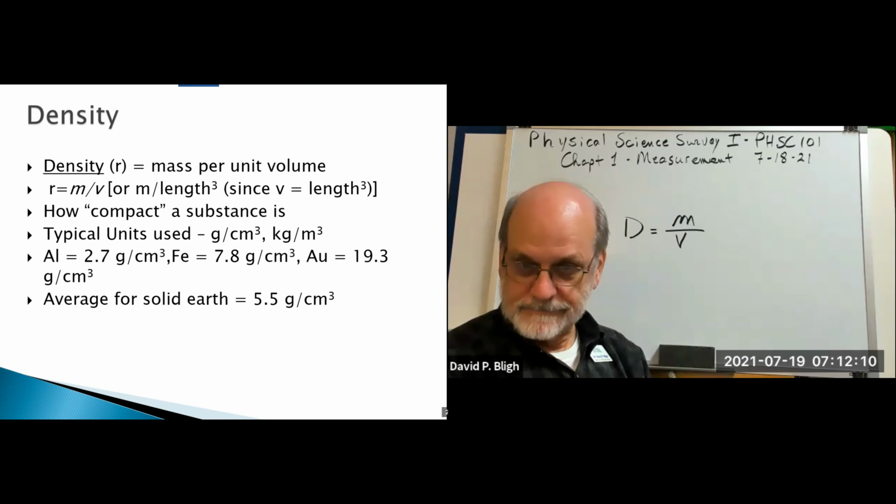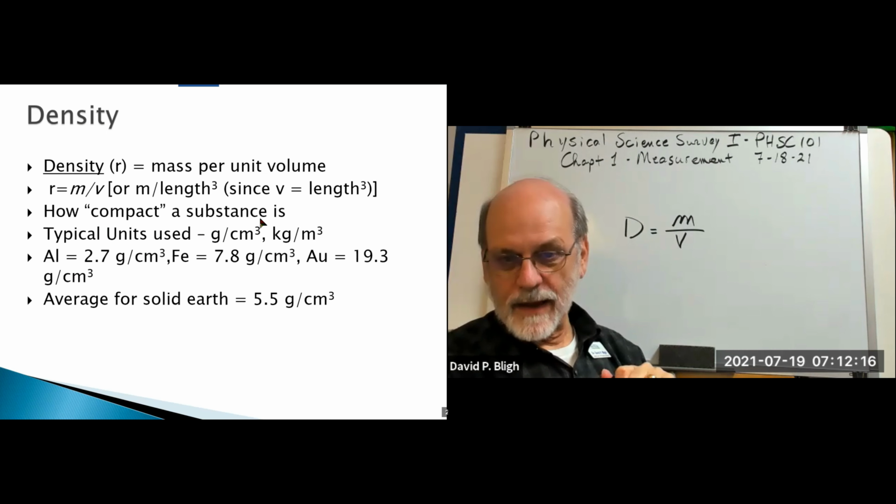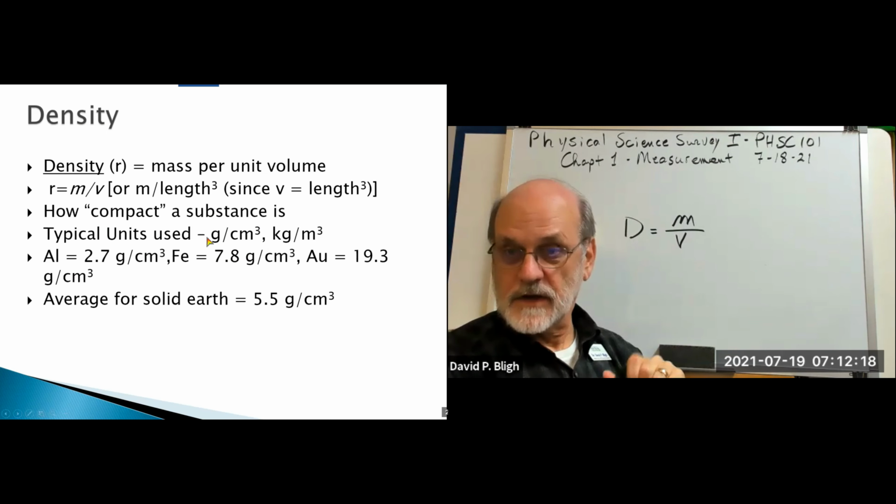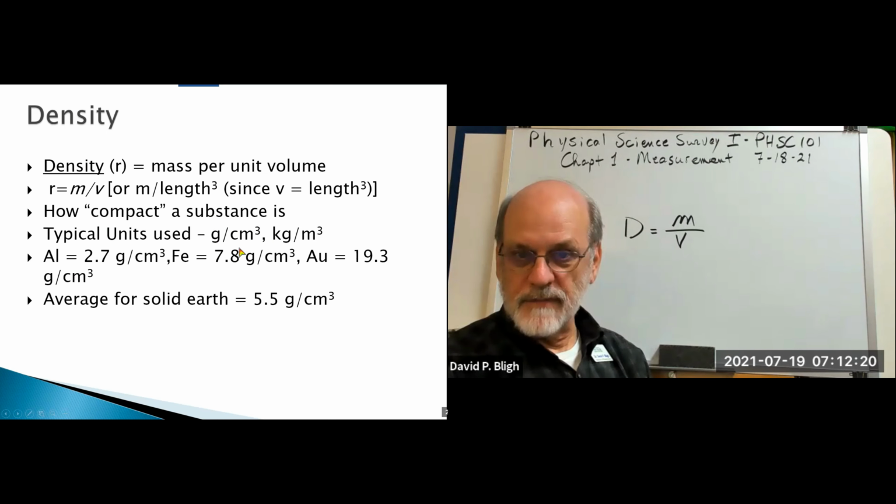So here we have the possibilities. Grams per cubic centimeter is a typical unit of measurement for density. Another one is kilograms per cubic meter.